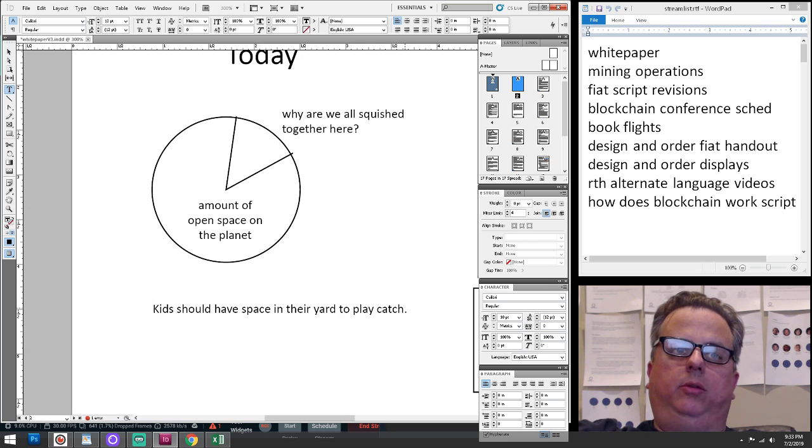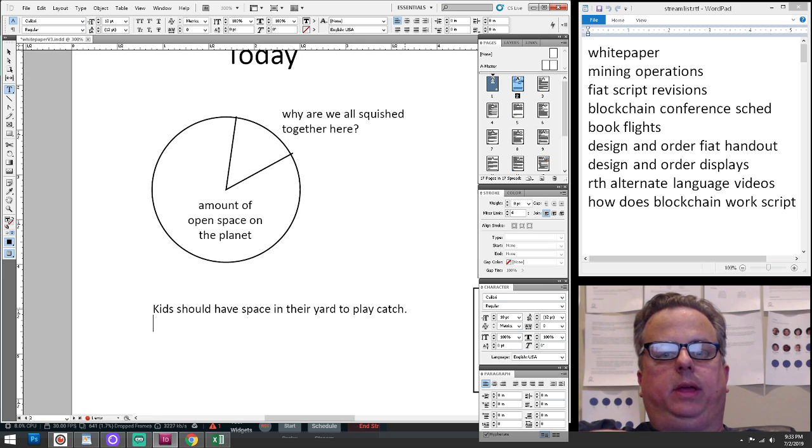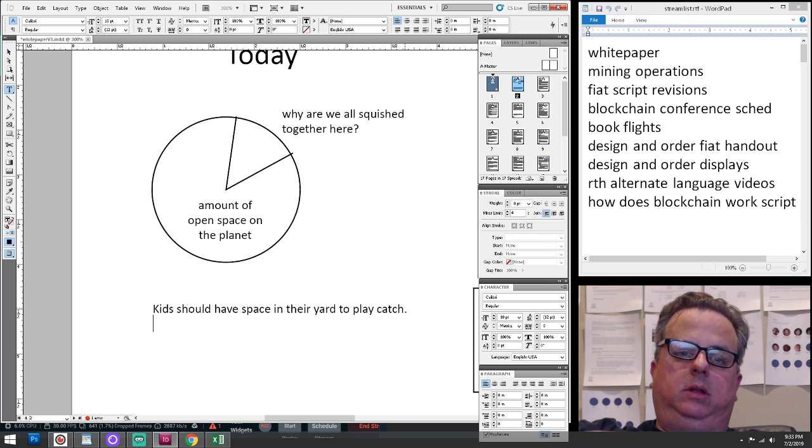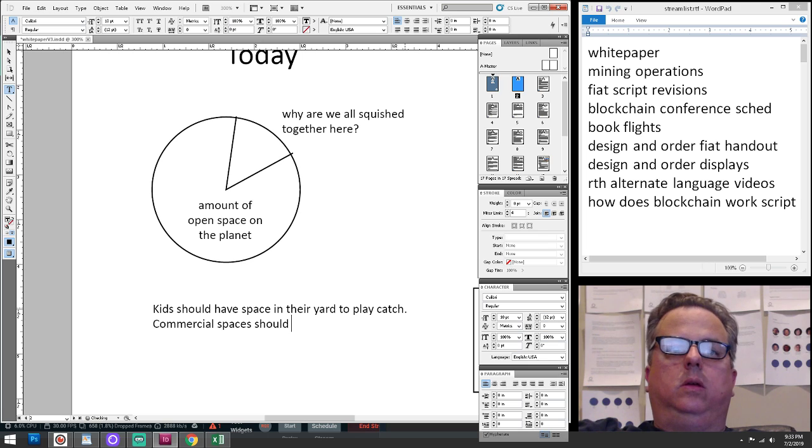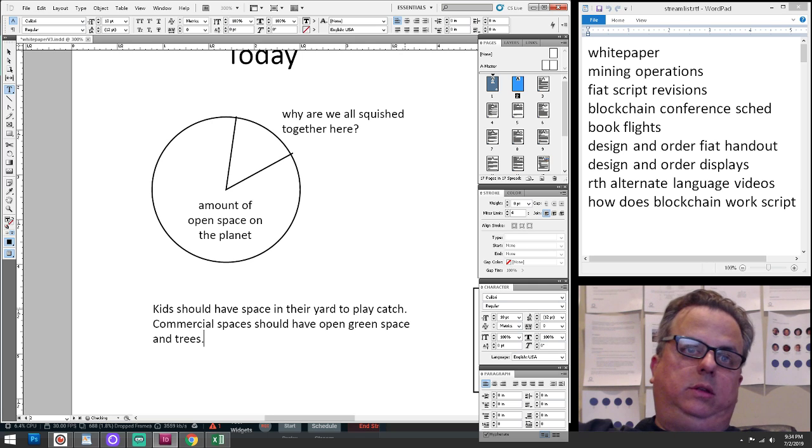Let's keep it really simple. Kids should have space in the yard to play catch, and commercial spaces should have open green space and trees.